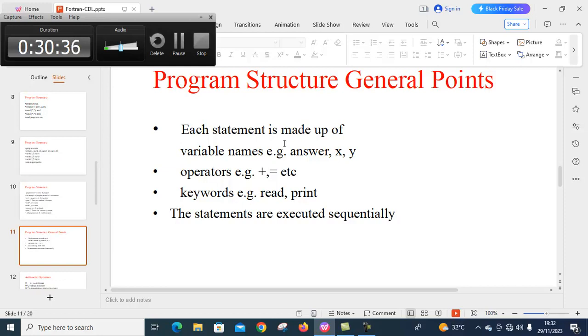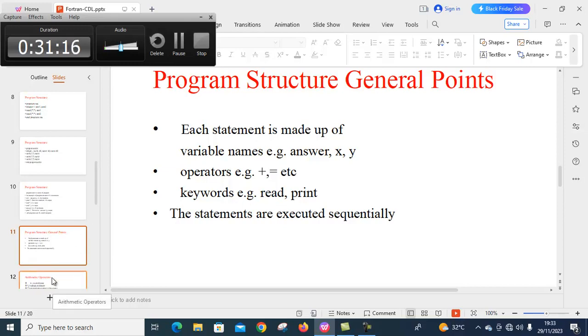For area of a triangle, it may be base, height. For an area of a trapezium, it may be the two bases, A, B, then the height. So each statement is made of what? Variable names. Then operators. Examples are the plus, equal to. Then we also talk about the keywords, read, print. The statements are executed sequentially.